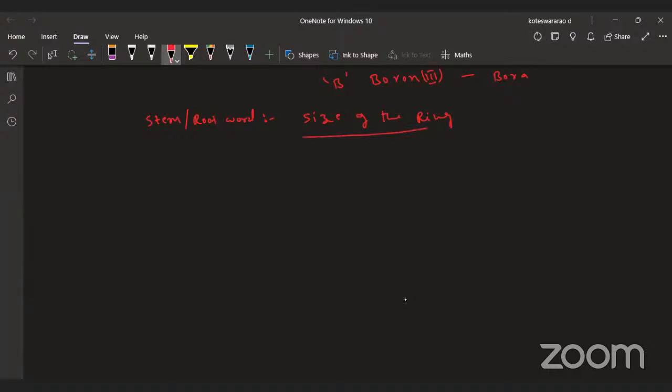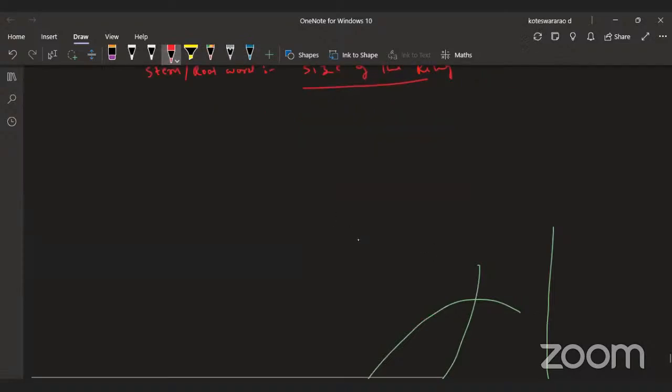We have different ring sizes: 3-membered, 4-membered, 5-membered, 6-membered, 7, 8, 9, 10, 11 also. But I'm using up to 10 here. I'm drawing a table of ring size. Those who are making annotation, please stop it.